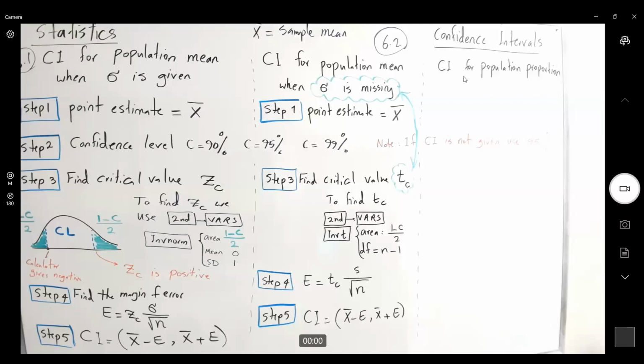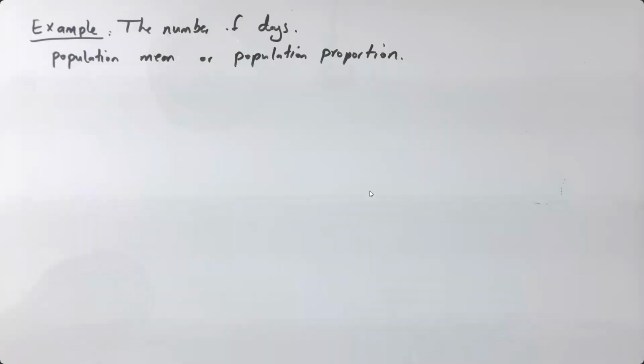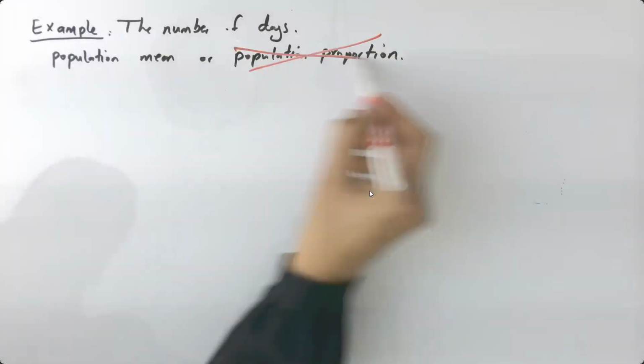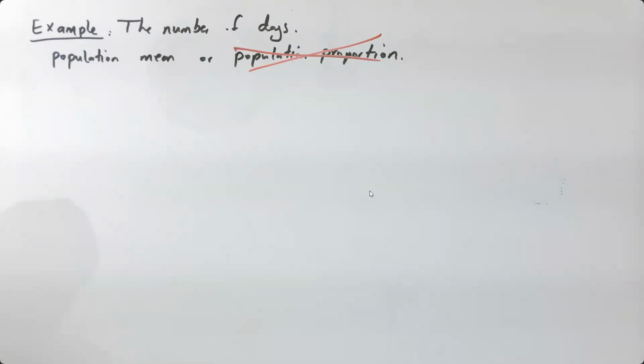And the last column that we're going to discuss later is about population proportion. Take a look at the question. We want to construct a 99% confidence interval for what? For population mean. Okay, very good. So far, I know that it's not about population proportion. It definitely is about population mean.